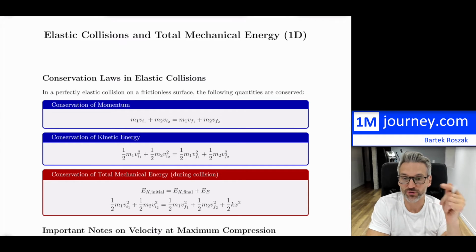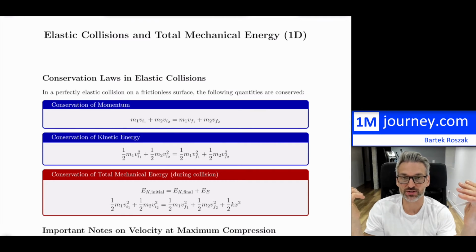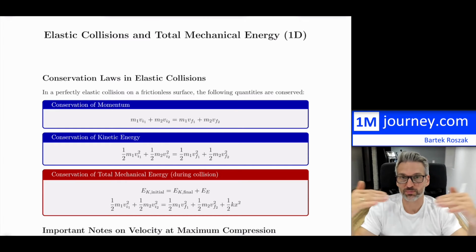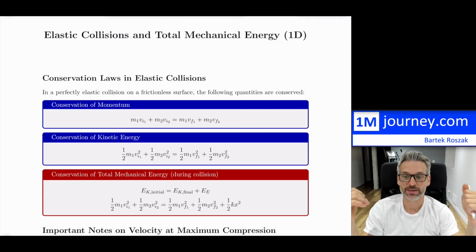But now for the third one, which is in red there, during a collision there's also the total mechanical energy which is conserved, which will be between the kinetic energy that you have and also the elastic energy due to the collision itself. We're assuming there's no friction. We're on one particular surface, so we're not dealing with gravitational potential energies. So we only have kinetic energy and then elastic energy to work with.